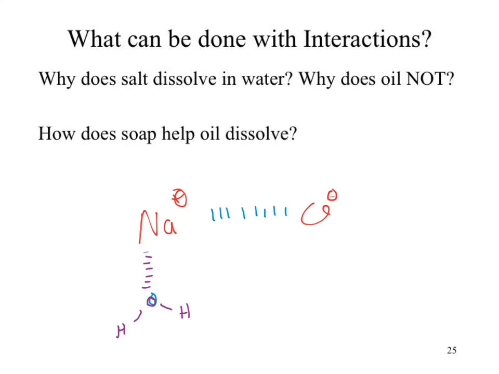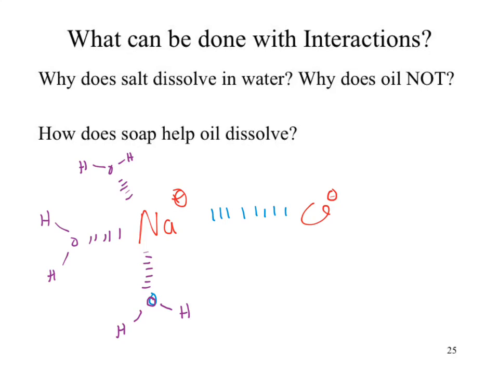But when we shift into a solvent or aqueous environment, are we looking at a single interaction between our molecule and our solvent? No, we're looking at a lot of interactions, and what we end up with is a solvent sphere. We look at the sum total of all our water molecules interacting with a single sodium versus the single ionic interaction.